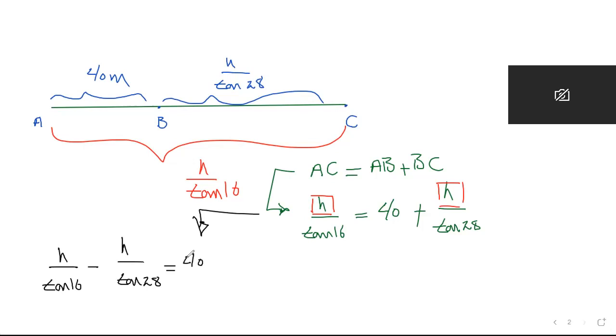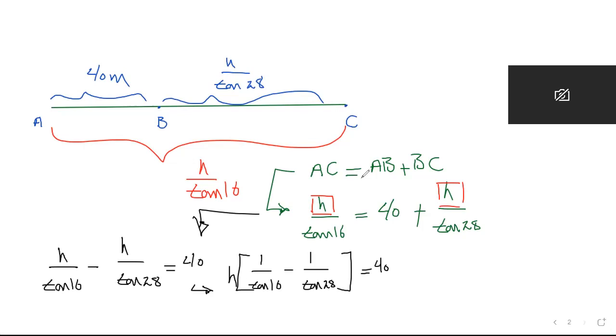Now, what I'm going to do at the next step, this is a little bit of basic algebra. I'm going to factor h. Then from the left side, I get 1 over tangent of 16 minus 1 over tangent of 28 equals how much? 40.